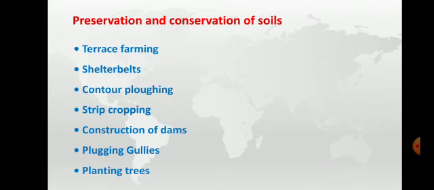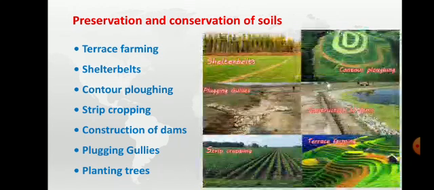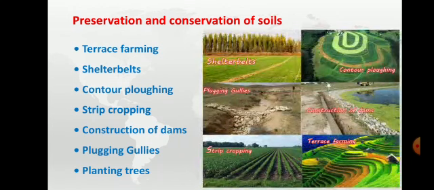So first we'll see terrace farming. So terrace here means not your house terrace, it is the hilly slopes. Okay, on hilly slopes it acts like a terrace, acts as bunds and prevents the soil from being washed away by running water.